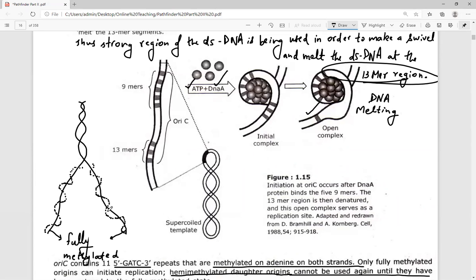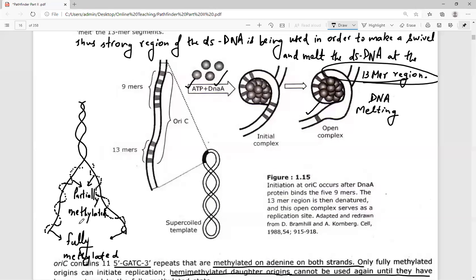This is the new DNA molecule that would be partially methylated.